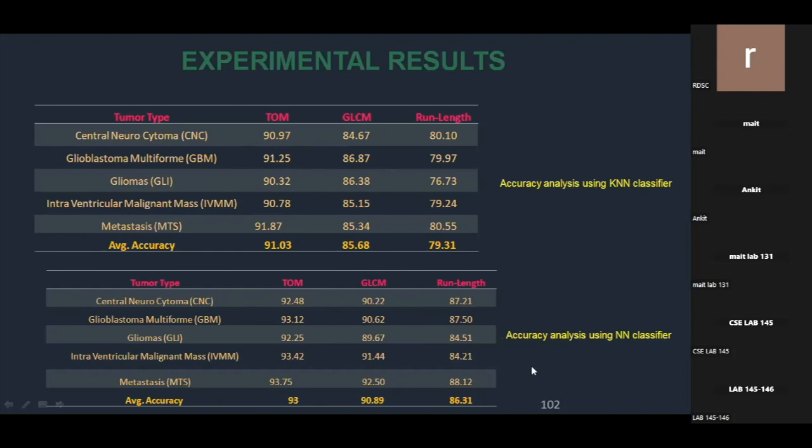With the neural network, as its power is really high, we are able to get up to 93% average accuracy. So why should I go for deep learning once I have my own algorithm which gives me 93% accuracy in the machine learning domain? So we have done this part, feature extraction.